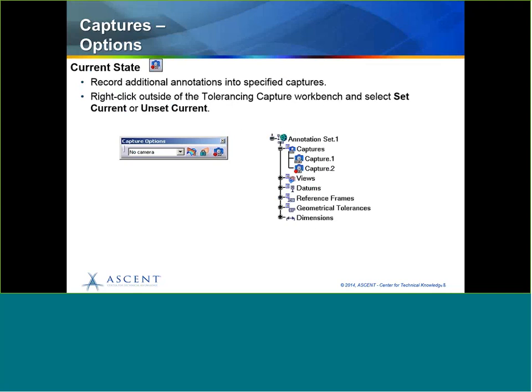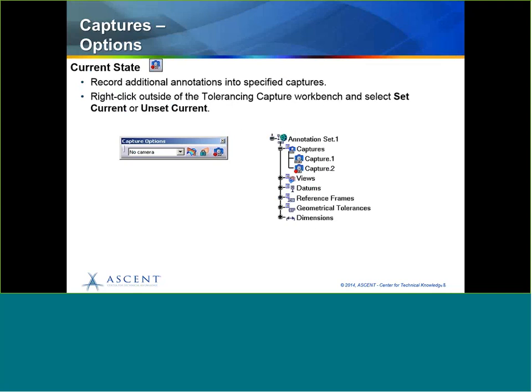We can also use the current state option. As you're defining your capture, you can enable or disable the Set Current, Unset Current option. What this will do is, when I've created a capture, that's a capture of the model at a particular state, at a particular point in time.